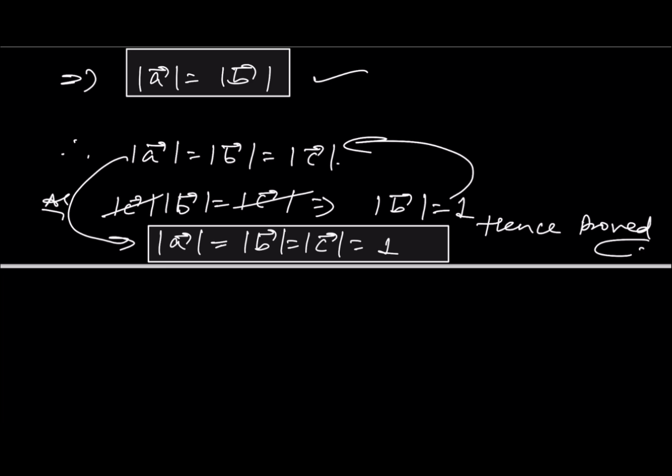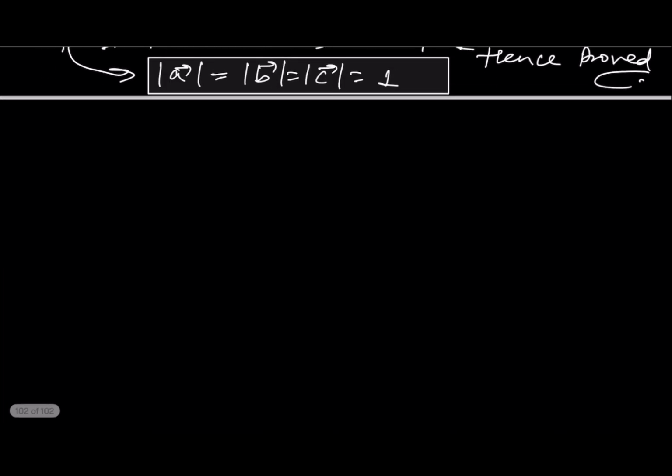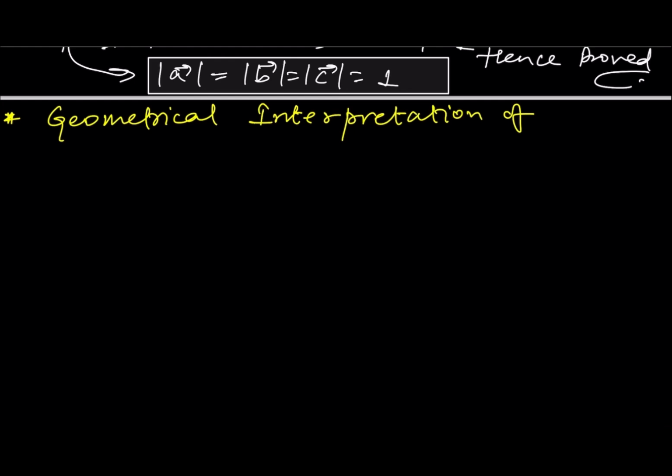Okay, now let's come to its geometrical interpretation. So write down the heading: geometrical interpretation of the cross product. Geometrically it represents the area of a parallelogram.